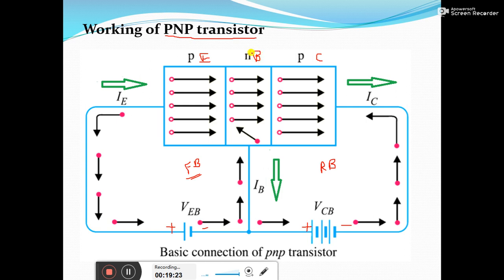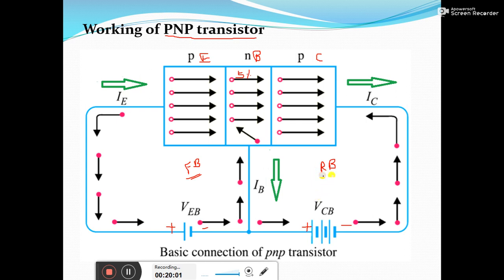As the base region is very lightly doped, very few holes, only 5% of the emitted holes, are combined at the base region, and a few holes are attracted towards the negative terminal of the battery. This constitutes a current IB. As the holes are moving from emitter to base, the conventional current direction is also in the same fashion, so IB should also be shown like this.